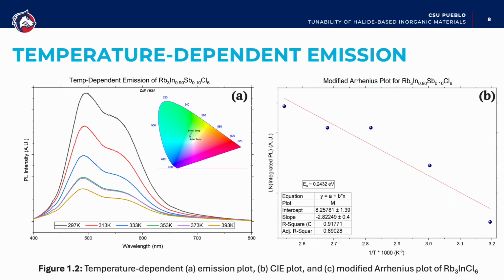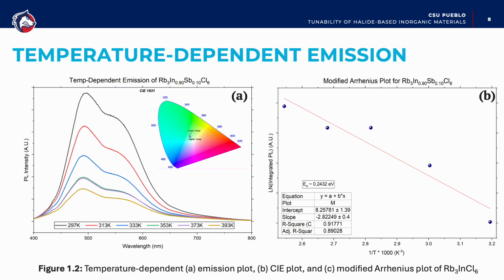Now, you may be wondering where we wanted to take our research, given that I've only shown you how we verify previously reported data. The direction we wanted to take this research was towards understanding the optical properties of the non-hydrated rubidium indium chloride phase, given that that structure was only previously reported.